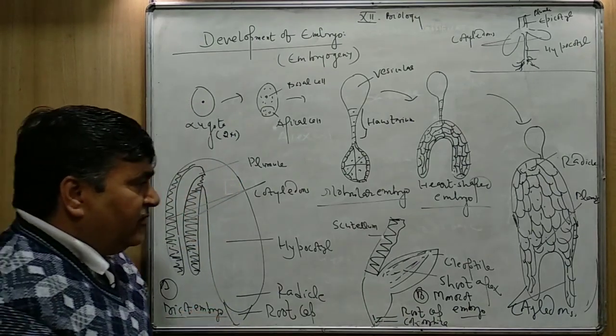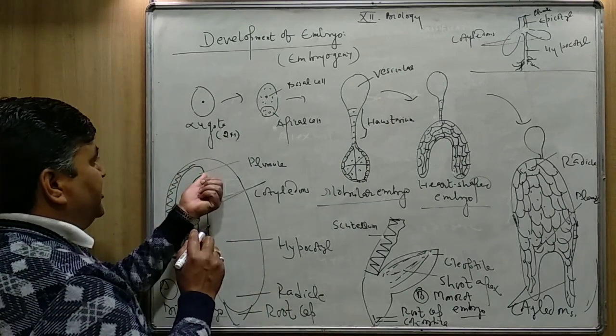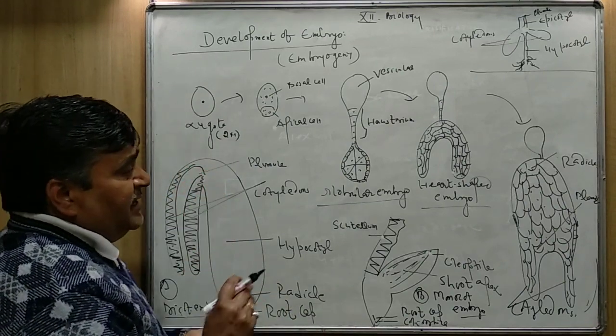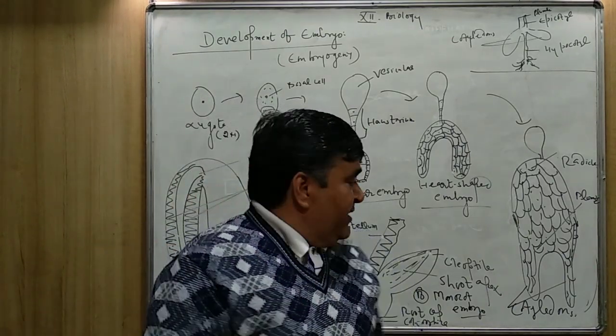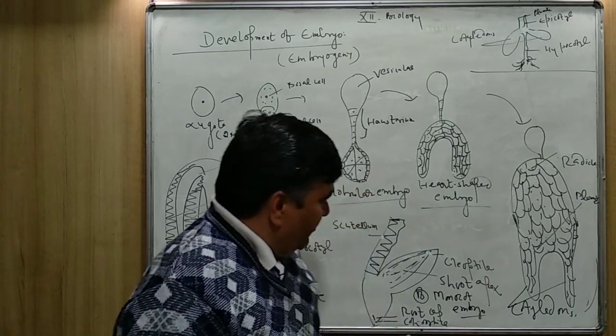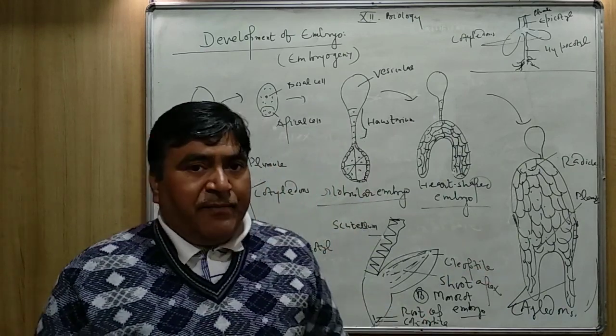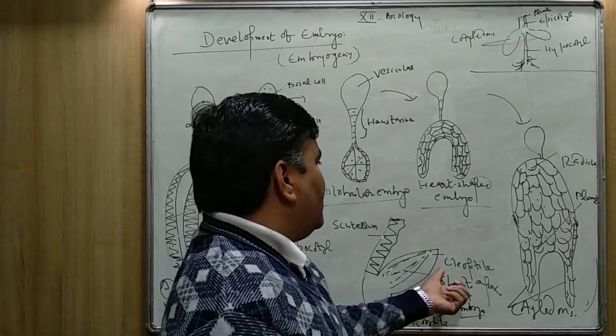In the dicot embryo, the shoot apex, where the plumule is present, is not protected by coleoptile, but in the monocot embryo, the shoot apex is well protected by a sheath called coleoptile.